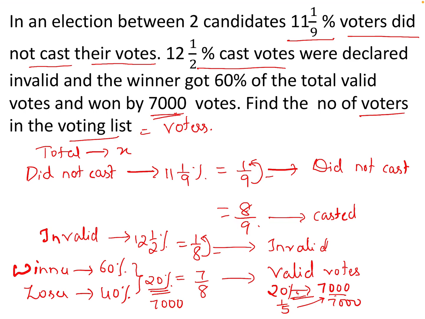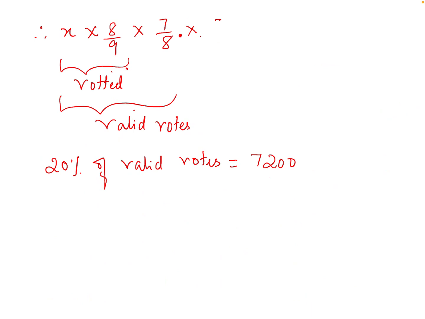So 20% of valid votes are 7,000. Therefore, valid votes, 20% means 1 by 5 of valid votes. So if this is valid votes, 1 by 5 of this is nothing but 7,000.